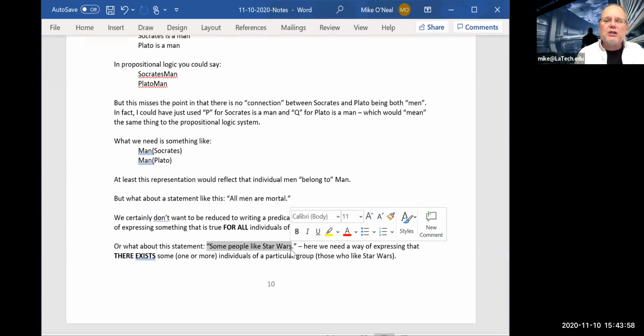And you can say statements. You can say a statement is true for all members of a class, for all members of a group, or you can say that something is true for particular individuals. You can name them like Plato and Socrates, or you can say, I don't know the names, or I'm not telling you their names, but there is at least one member of this group for which this other thing has to be true.